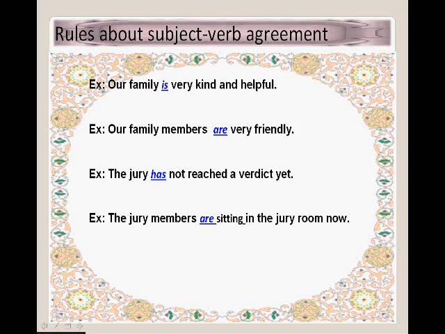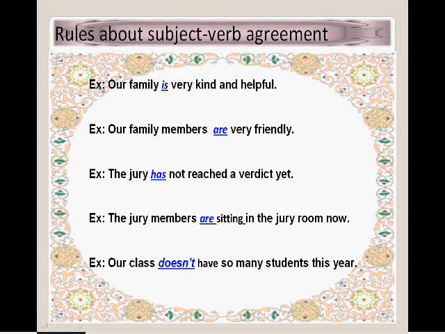If I say the jury members are sitting in the jury room now, then I'm talking about the jury as individuals, members, plural, different people. Then the verb is plural, are. Our class doesn't have so many students this year. Here our class means the group of students sitting in one class, let's say grade 12 students.